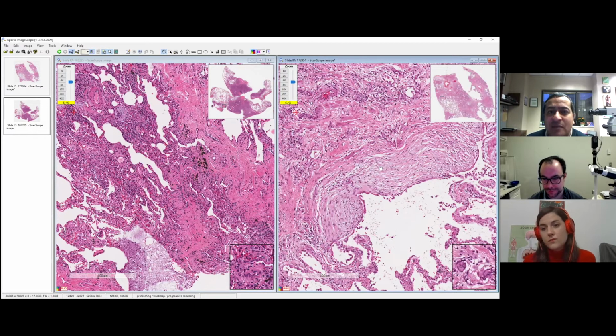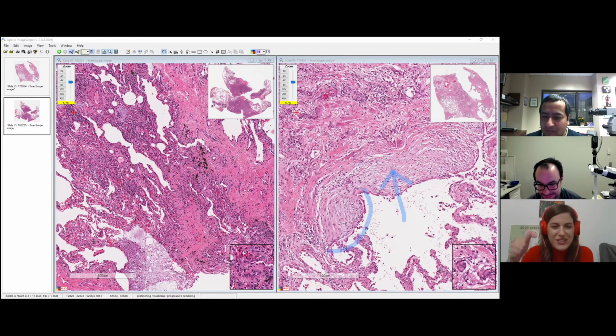Let you guys talk about it, and I'll add what I can after. Yeah. Go ahead. Go for it. No, you go for it. The fibroblastic foci normally is dome-shaped. It looks a little bit maybe like two domes, but it's dome-shaped and it's in the interstitium.